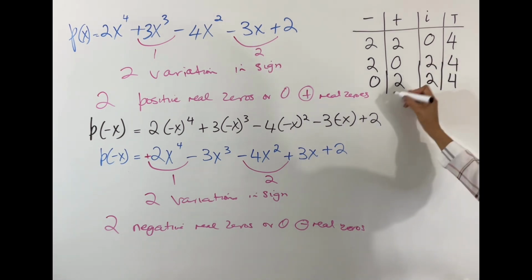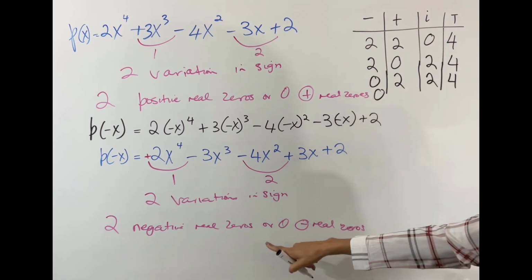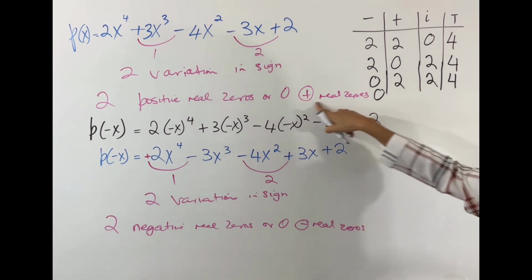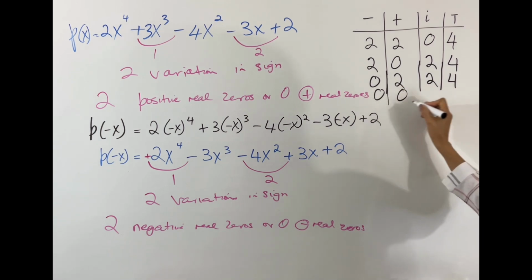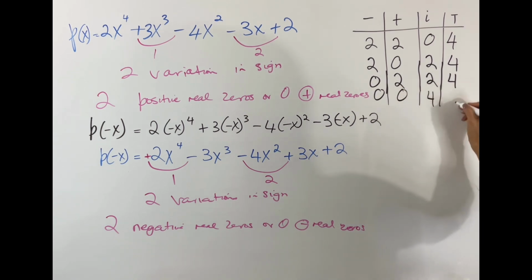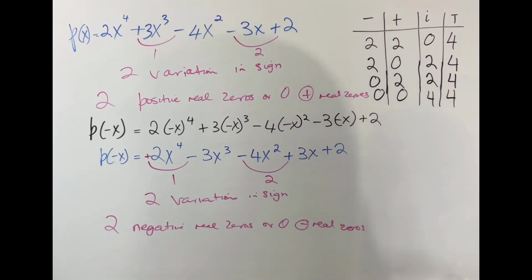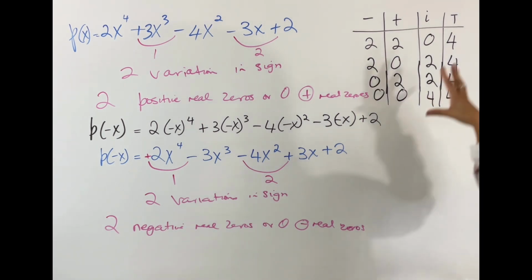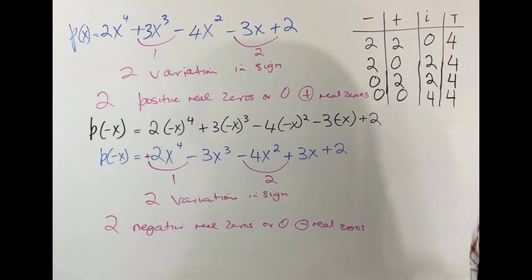And the last one is that if we have 0 negative and also 0 positive, we would end up with 4 complex numbers, and our total there would be 4 zeros for this polynomial. So one thing I'm going to say to you, when you use the column, that will help you, because then you get a visual picture of what the number of possible positive zeros will be, and also what the number of possible negative zeros will be.